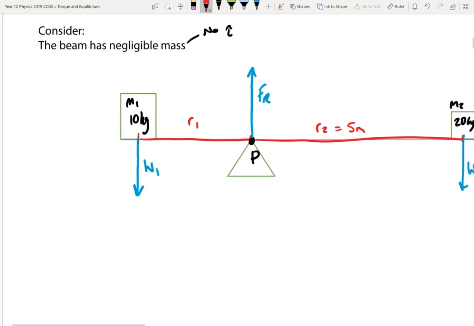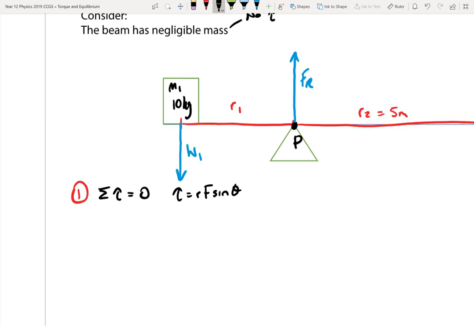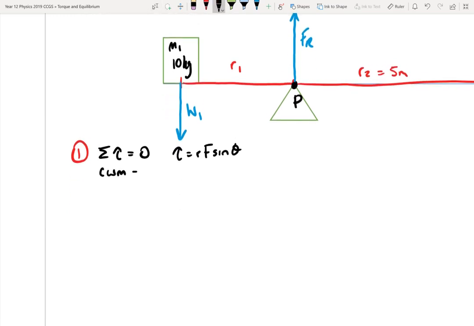Now, step 1. We always solve first that the sum of rotational torque equals 0. We will say that torque equals RF sine theta. We will say that the clockwise moment equals the anti-clockwise moment. And we take pivot about P. In some scenarios, there might be different points where you could analyze your pivot. And if it is not identified on the diagram, you need to draw it in.